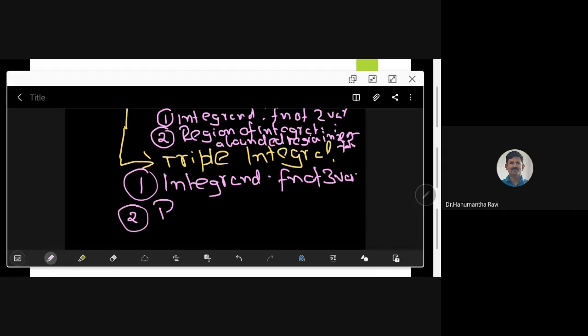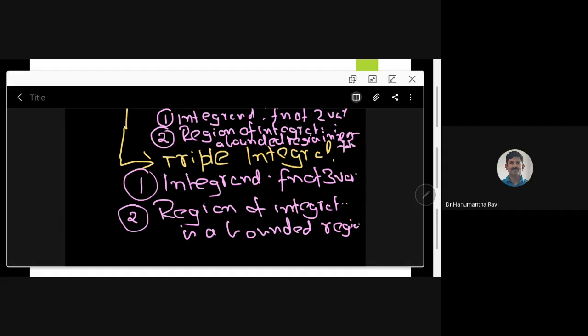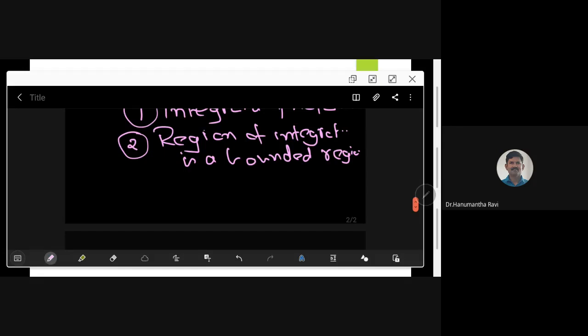The region of integration is also a bounded region. It is not a plane region here, but a bounded region in 3D, that is, in three-dimensional space.